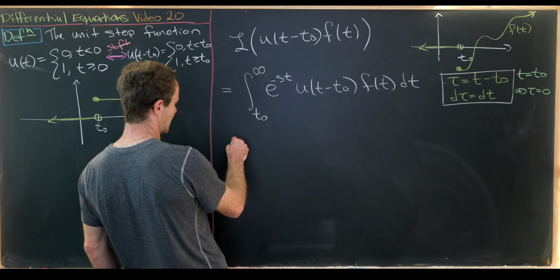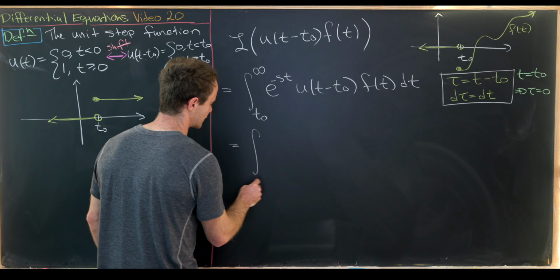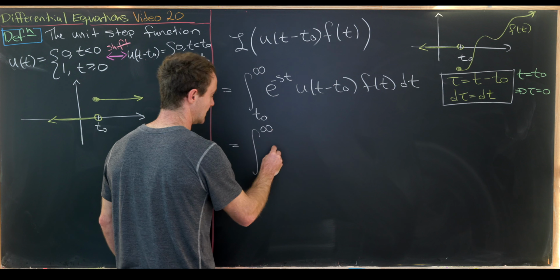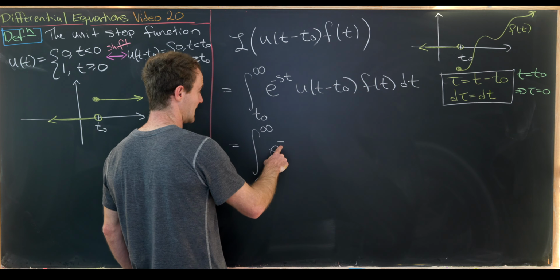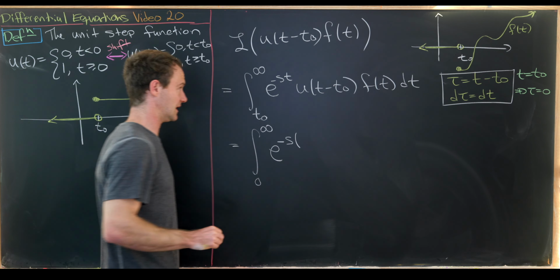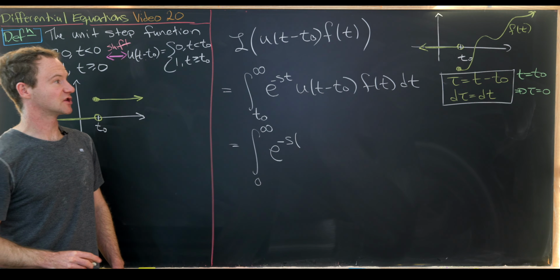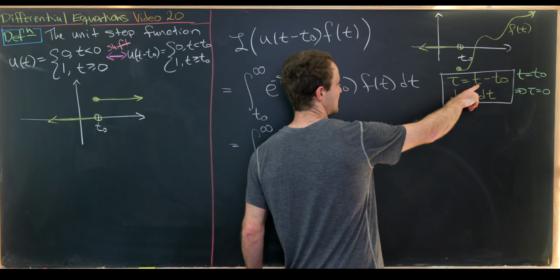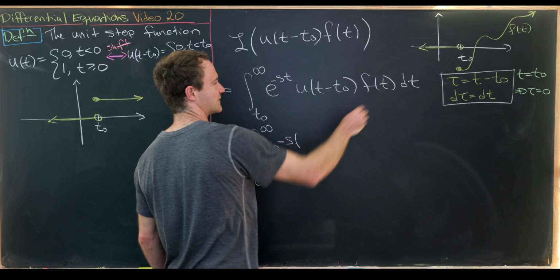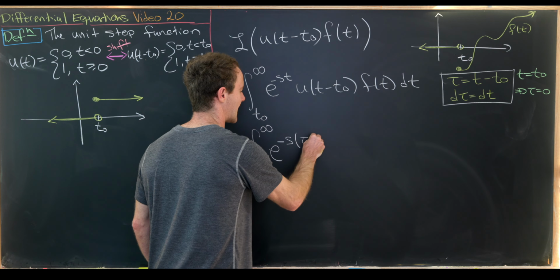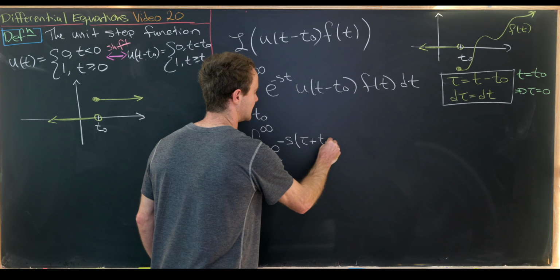That means we can rewrite this as the integral from 0 to infinity of e to the minus s times something in terms of tau, where we've solved for t. If we solve for t, we get tau plus t naught.